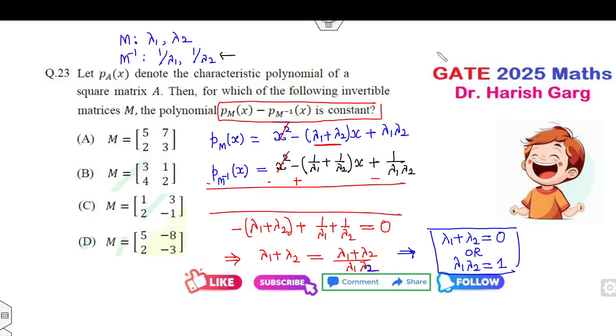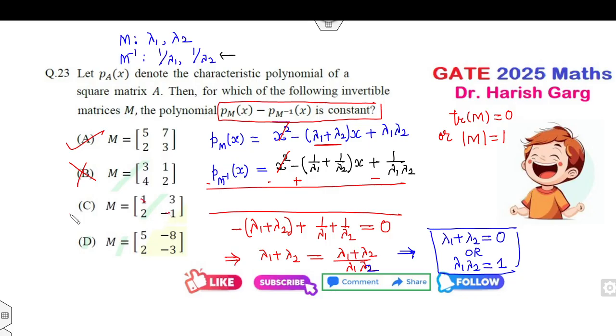Now you can see the meaning of the sum of the eigenvalues: that is the trace of the matrix is 0 or the determinant is 1. If either condition is satisfied, you will get the right answer. So trace is not 0, determinant is 15 minus 14, which is 1. Trace is not 0, 6 minus 4, not equal to 1.